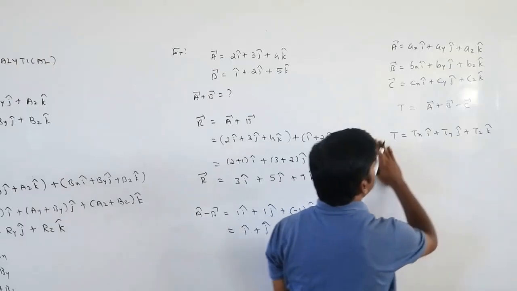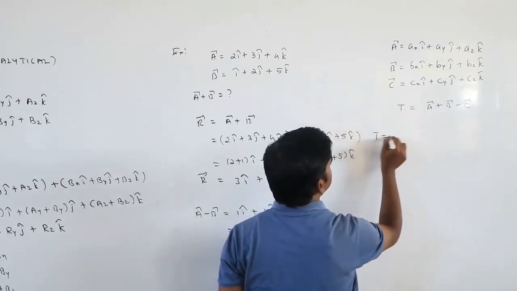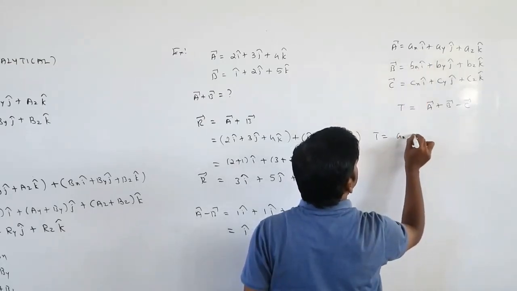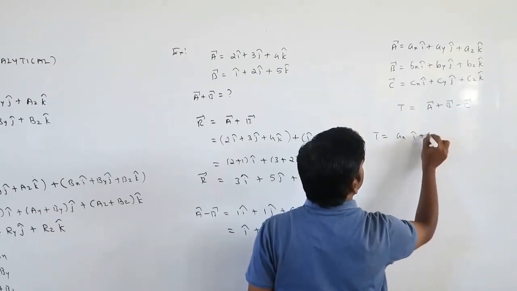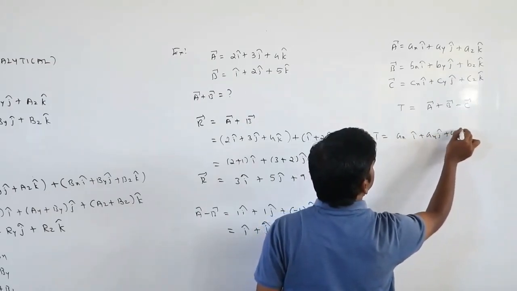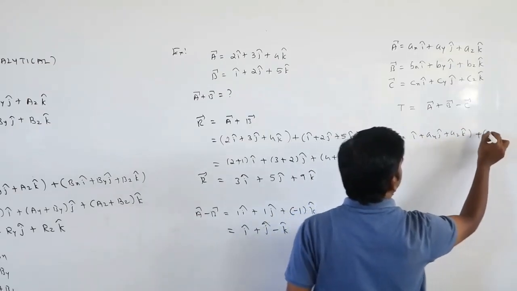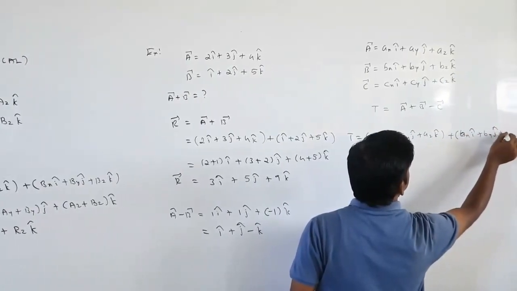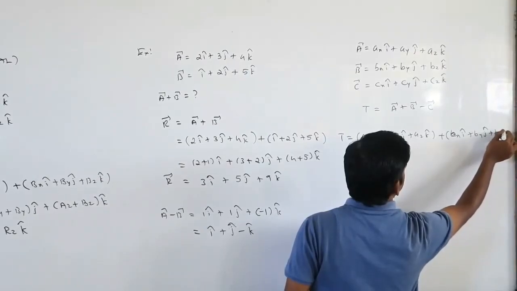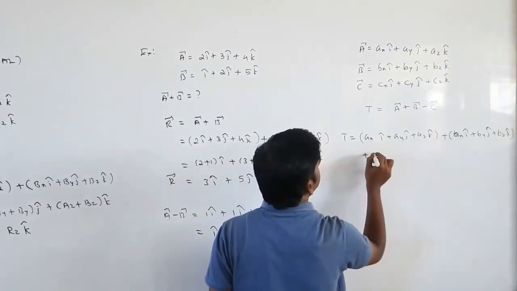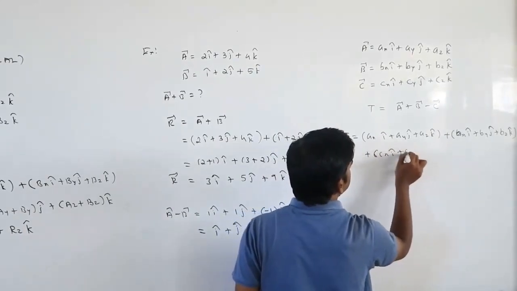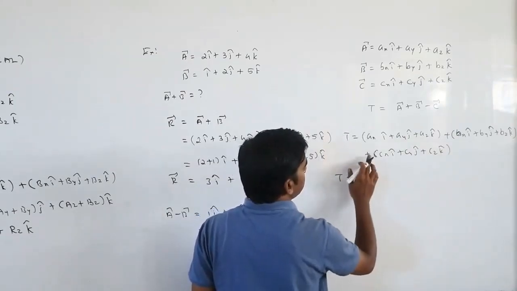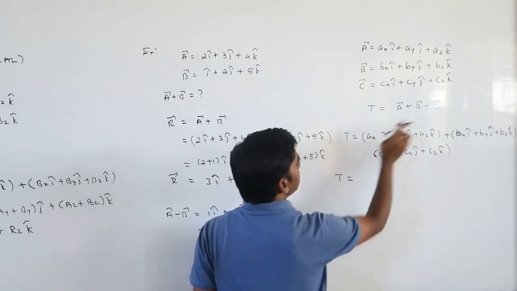Instead of that, let me write it out. t equals ax i cap plus ay j cap plus az k cap plus bx i cap plus by j cap plus bz k cap, and then c, which is not plus, this is going to be minus, cx i cap plus cy j cap plus cz k cap.